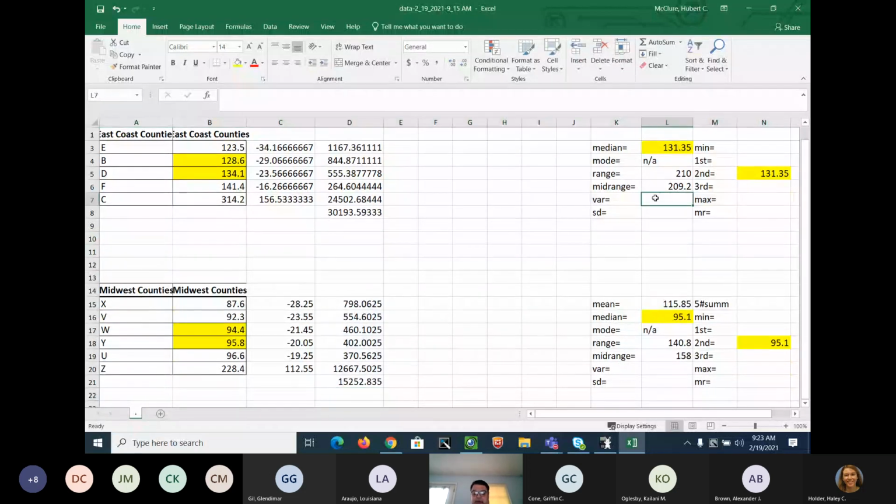And then, of course, your variance is equal to this number divided by 5. And your variance here is this number divided by 5. And then the spread, which is your standard deviation, is equal to this number raised to the 0.5 power, and equals this number raised to the 0.5 power.